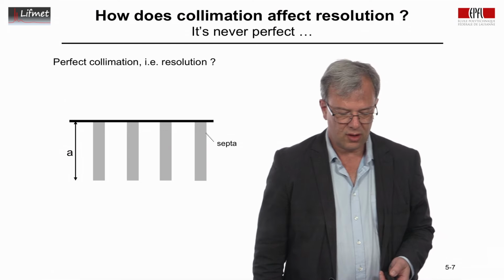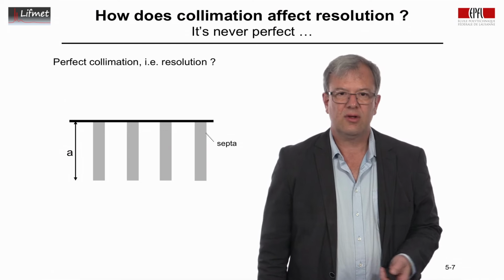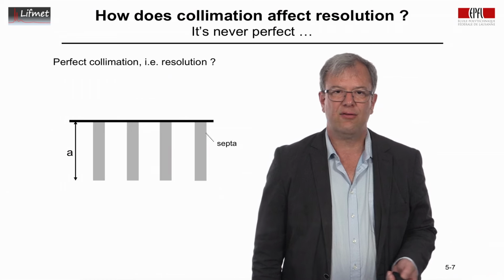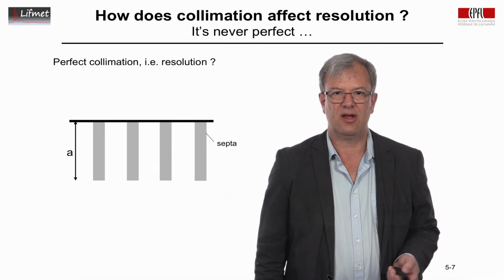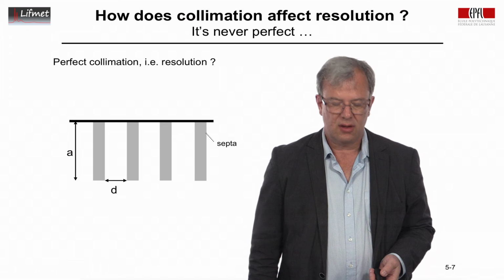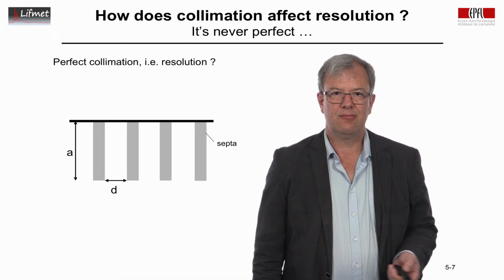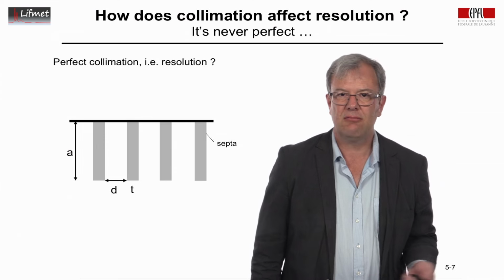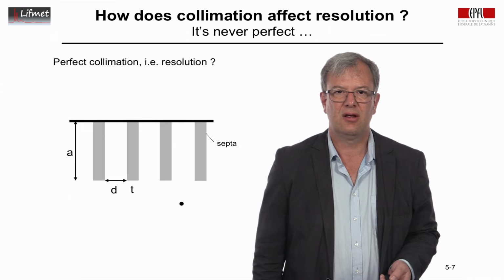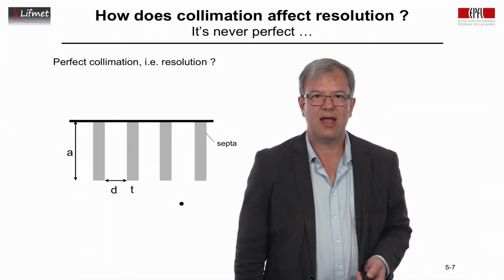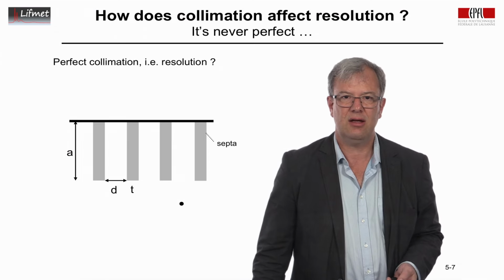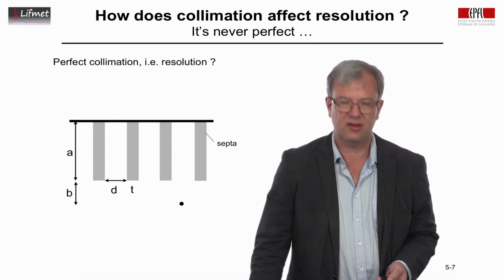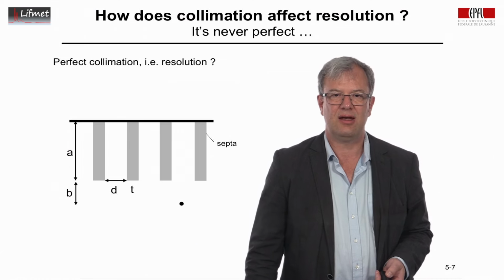We'll say that these septa have a length of A, being a certain distance in centimeters. They are separated by a distance d, typically millimeters. They have thickness of t, typically also millimeters. And we'll now introduce here a point source of radioactivity that is at a certain distance b away from the end of the septa.